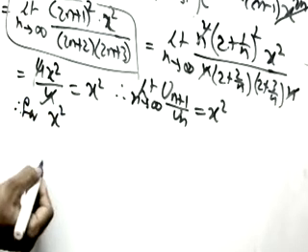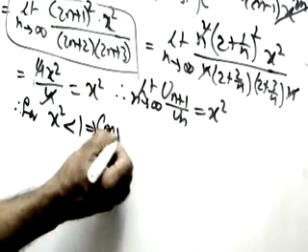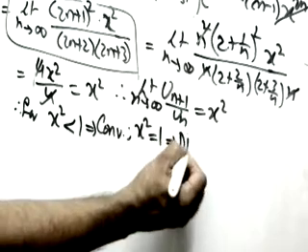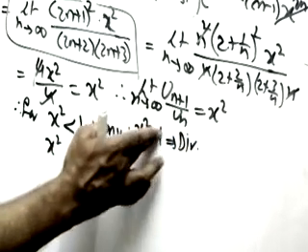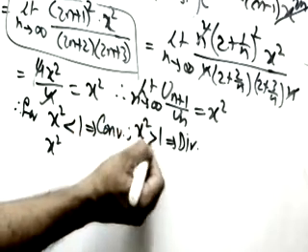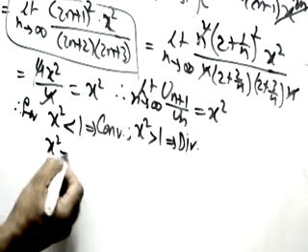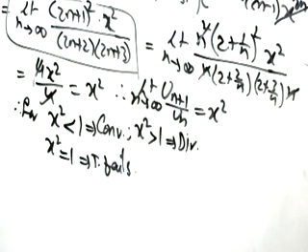For x square less than 1 implies convergent. x square greater than 1 implies divergent, and x square equals 1 implies the test fails.